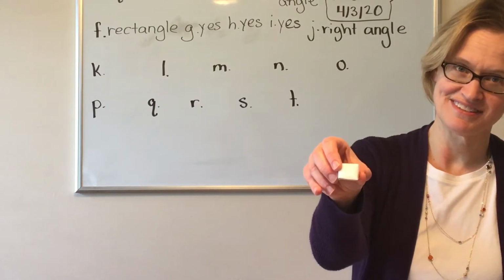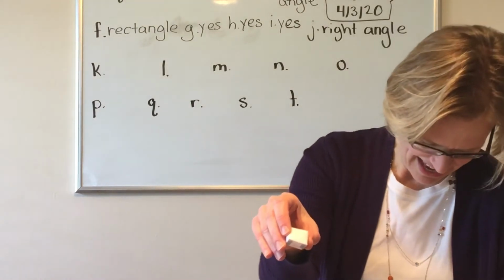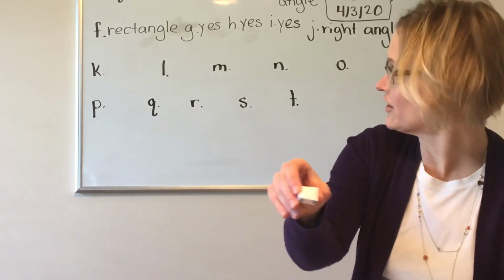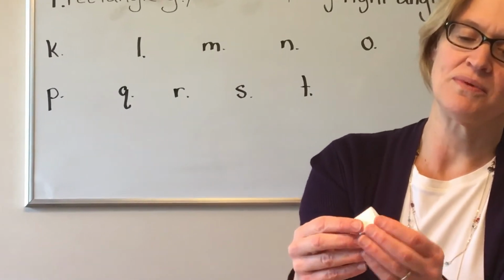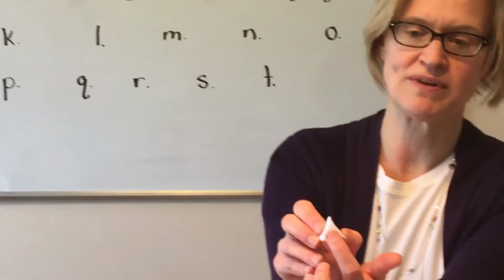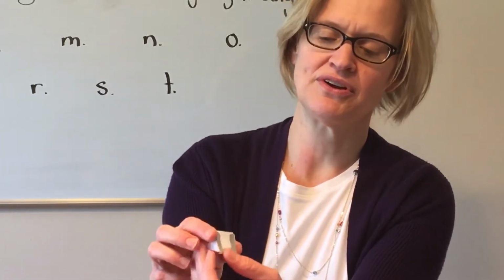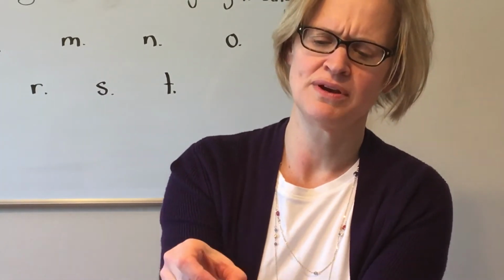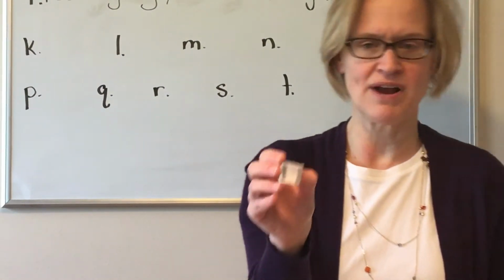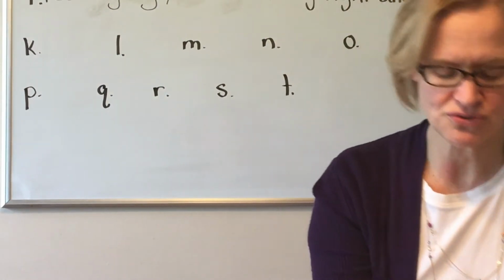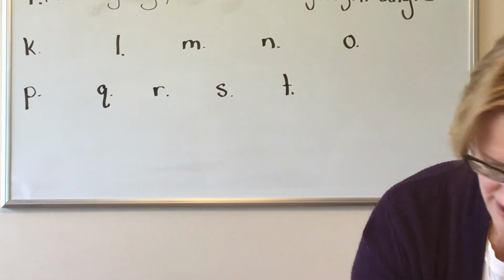For letter K, they ask, what are the shapes of the 5 faces? We look over here, it has a triangle and another triangle, so that's 2. Then we look at all the other sides, 1, 2, 3. Those are rectangles. So we have 2 triangles and 3 rectangles.